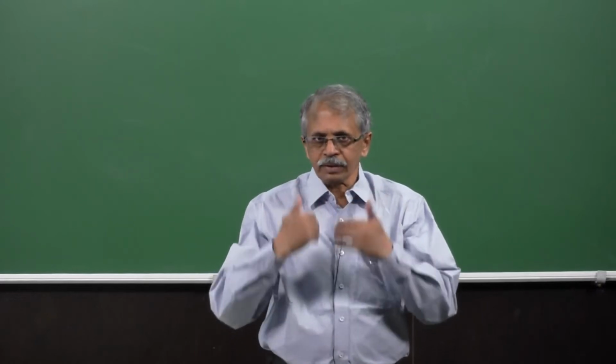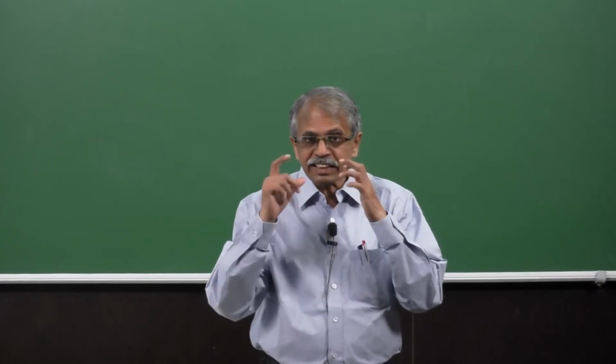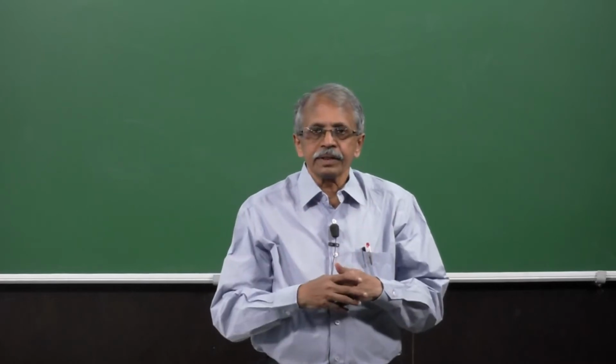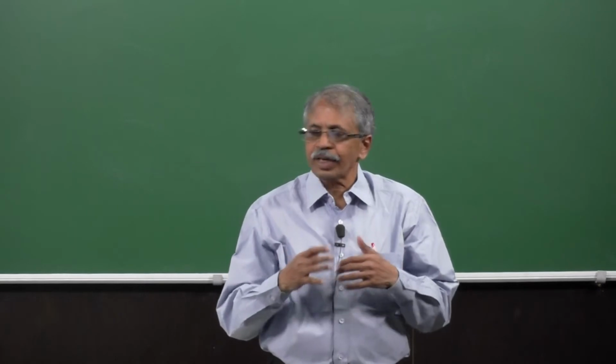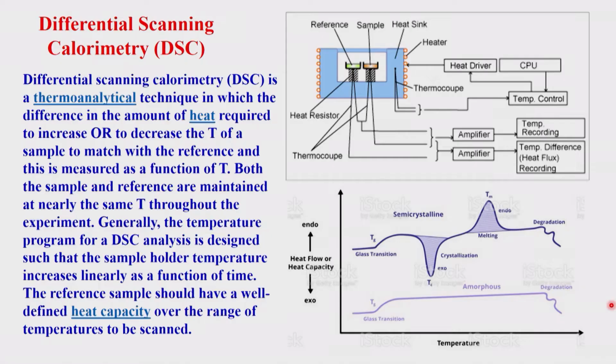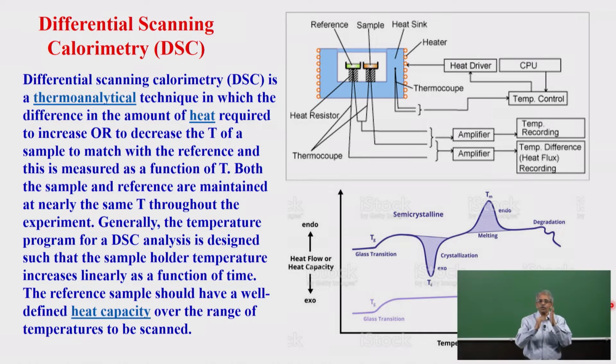So, endothermic, exothermic, these processes in terms of the heat, delta H. That is the enthalpy differences or heat differences that you are looking at. I hope that basic principle is clear to you. You have a reference, you have a sample, you are heating both of them to the same extent, but in the reference nothing happens, or with respect to the reference there may be some heat taken in to maintain the temperature the same, or heat given out of the sample to maintain the temperature the same.